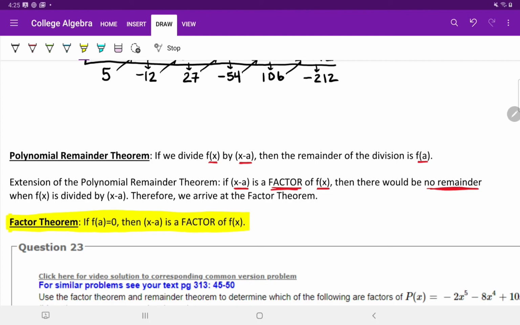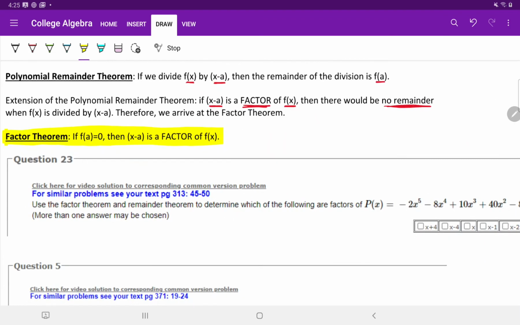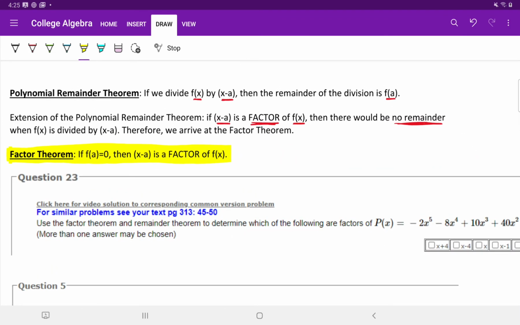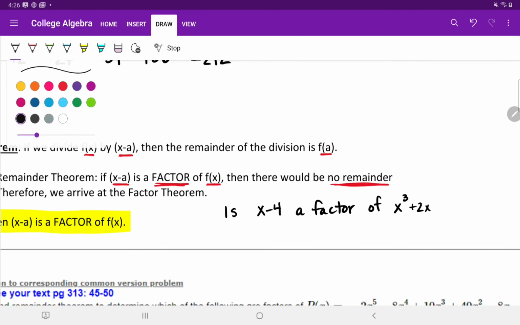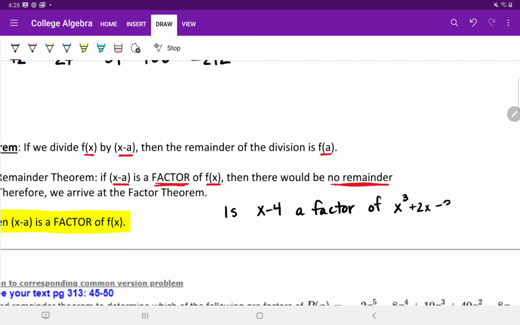So here's how it works. If you see a question that says, is blank a factor of your polynomial? So let's say we have, is x minus 4 a factor of x cubed plus 2x minus 3?